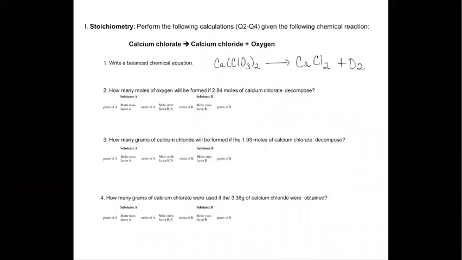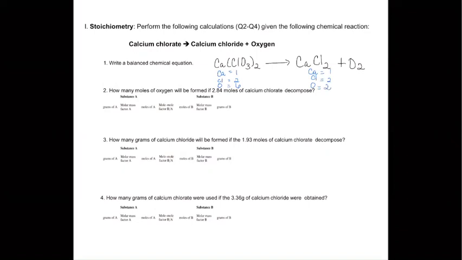So to balance this reaction, we can see that we have calcium, chlorine, oxygen on each side. We have 1 calcium, 2 chlorines, 6 oxygens, and 1 calcium, 2 chlorines, 2 oxygens.